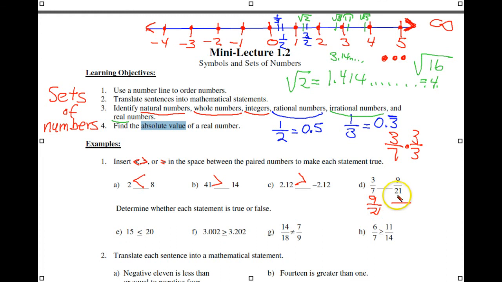So what do we have here? Well, we have 9 21sts and 9 21sts. And what are these? These are equal.